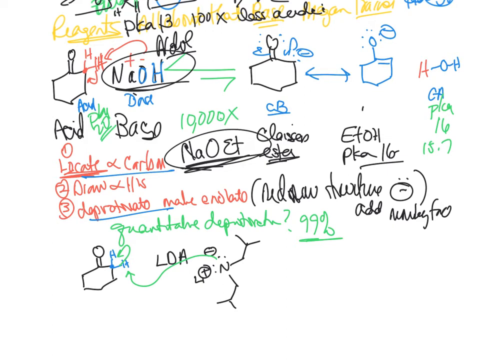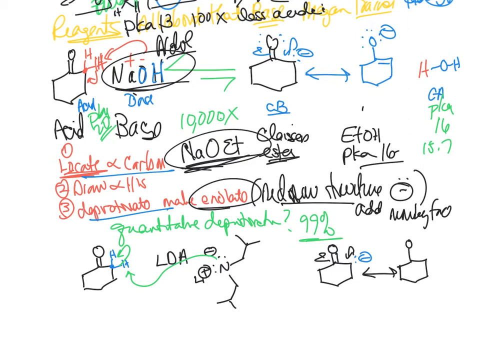To make now the enolate. So this says, redraw the structure. I redrew the structure, add my monkey face. There it is, okay? If I want to draw the resonance structures, and that's my enolate. And this would be a lithium enolate.